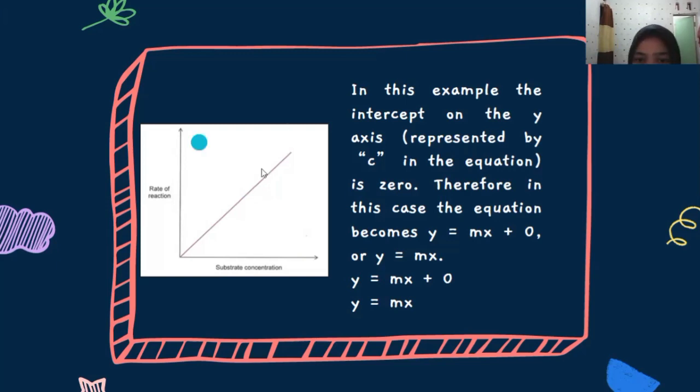This c in the equation is 0. Therefore, in this case, the equation becomes y equals mx plus 0, or y equals mx.